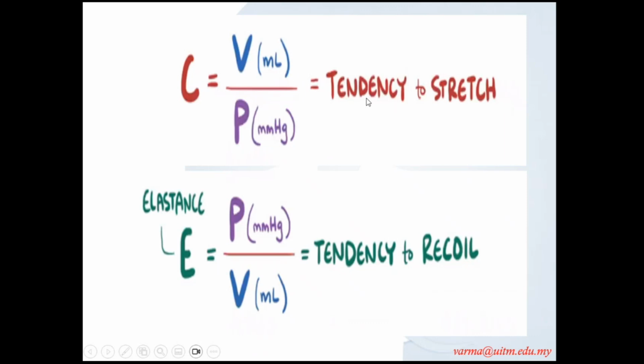Compliance is the tendency to stretch, the distensibility, the capability of a vessel or alveoli or any hollow cylindrical system to distend to accommodate more volume. Whereas elastance is the tendency to recoil. Once they have distended, how much can they recoil back, because the recoil is also important for the heart, for filling, contraction and relaxation.